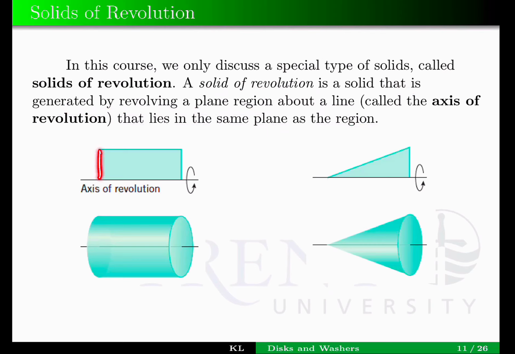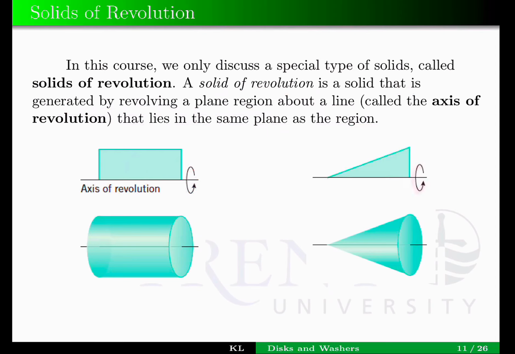For example, if we consider this here, it's a rectangle. If we revolve this about that one, all the points here will revolve about this particular center here. And once it revolved, we will be able to construct this circular cylinder. And it's actually a right cylinder. Similarly, if you look at this triangle here, this is your region.